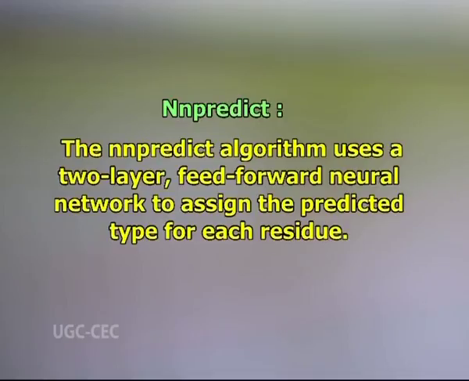It includes number 1, NN-PREDICT. The NN-PREDICT algorithm uses a two-layer feed-forward neural network to assign the predicted type for each residue. In making the predictions, the server uses a FASTA format file with the sequence in either one letter or three-letter code.